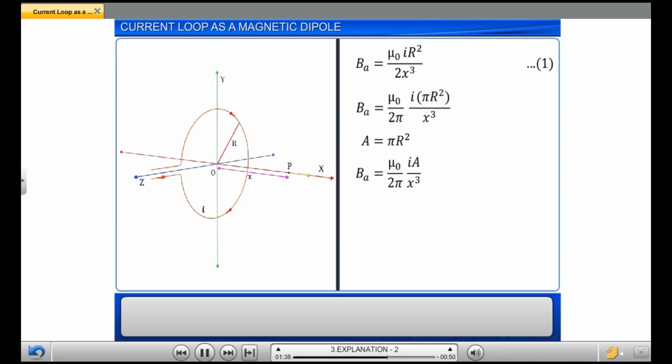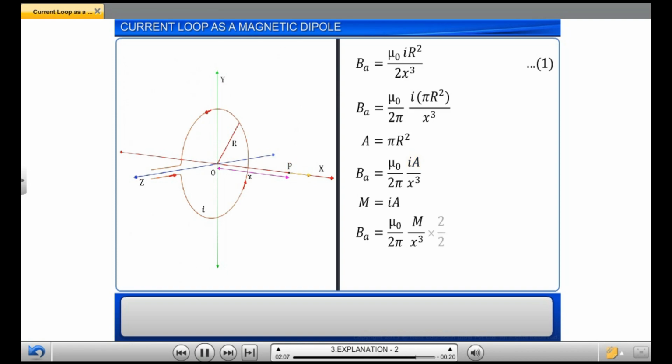We have learnt earlier that the magnetic moment of a current carrying loop is the product of the current passing through the loop and the area of the loop, that is, M is equal to IA. On substituting the magnetic moment, we get the magnetic induction at the point P on the axis of the circular current loop, BA is equal to mu naught by 2 pi into M by x cube.